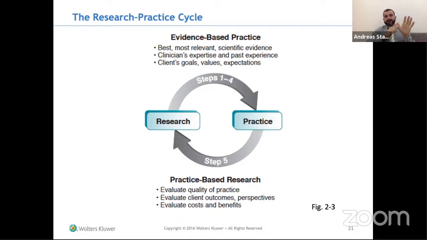So the basic research is not something separate from applied research. The evidence-based practice is not something separate from practice-based practice. They need to communicate, right? Theorists, if you want to name it that way, and practitioners have to collaborate, otherwise we cannot have all this.